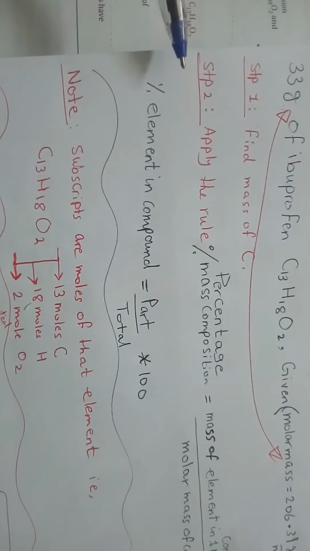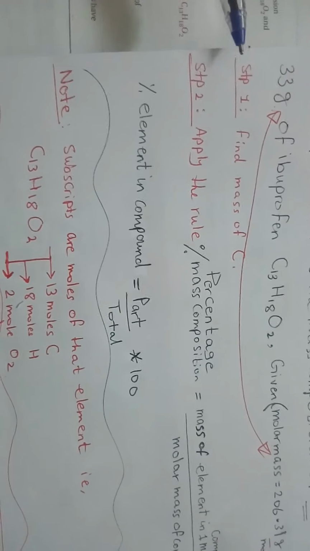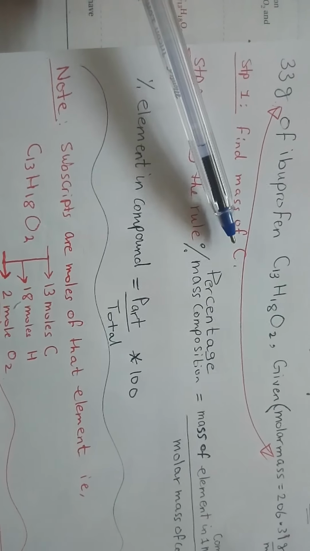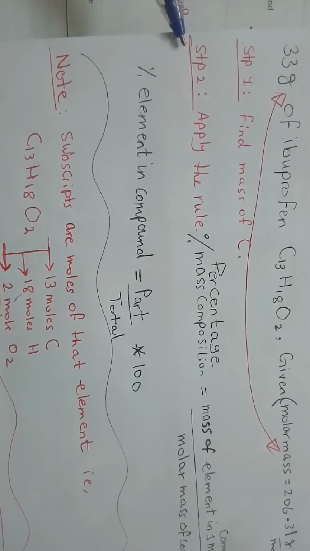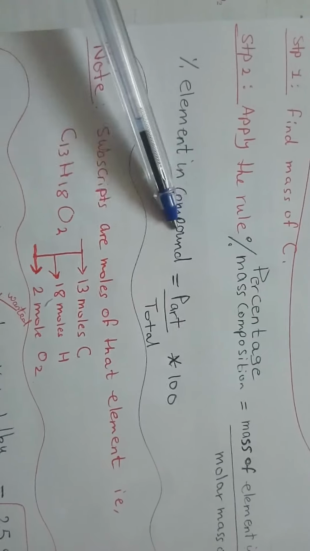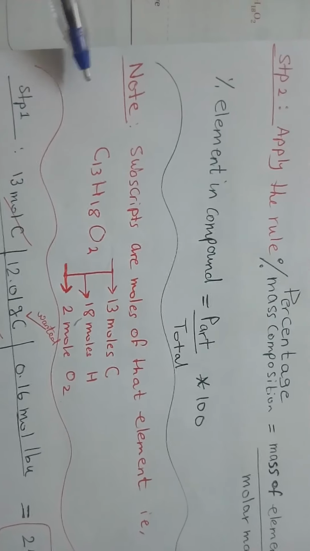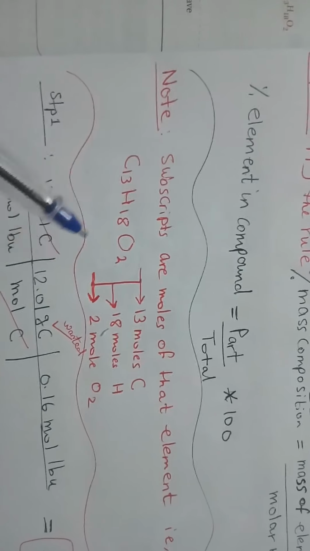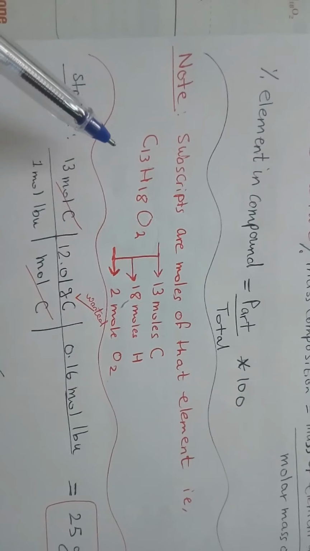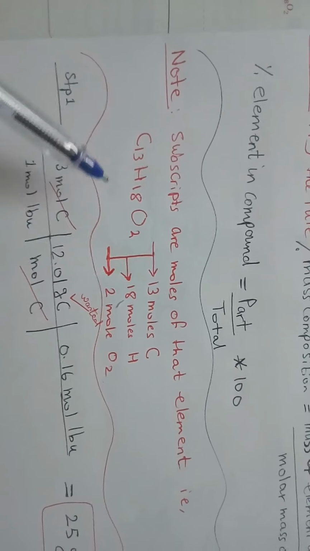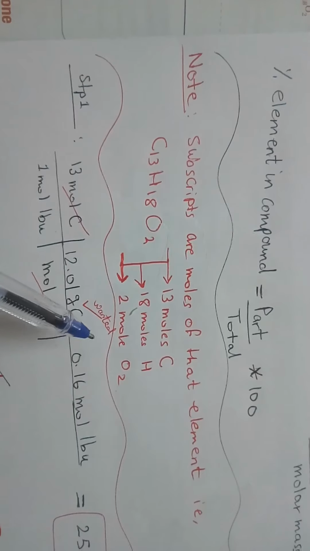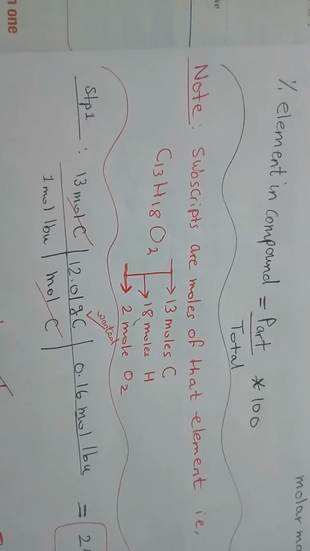Step number 1, you have to find the mass of carbon. Step number 2, apply the formula, either one. There's a note that I wrote here: subscripts are moles of that element. It means that in this ibuprofen compound I have 13 moles of carbon, 18 moles of hydrogen and 2 moles of oxygen.